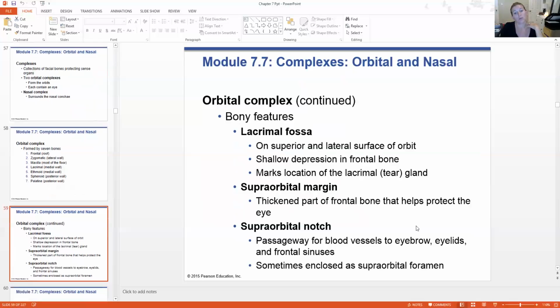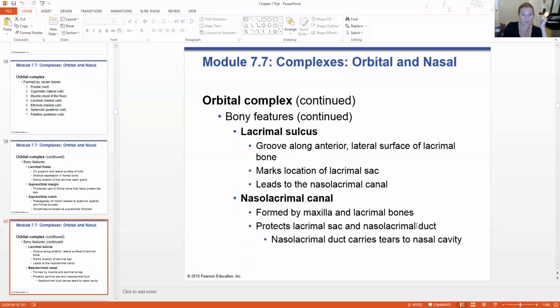So the orbital complex has bony features like a lacrimal fossa, superior and lateral surface of the orbit. There's also a supraorbital margin. This is the thickened part of your frontal bone, kind of creates a little brow ridge. Then the supraorbital notch. This is a little passageway for blood vessels to your eyelids and eyebrow.